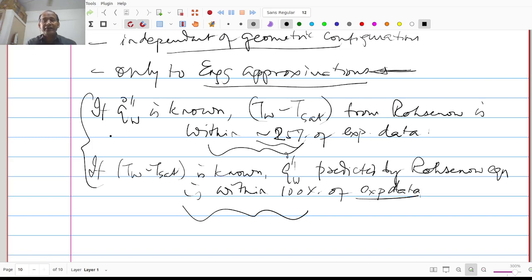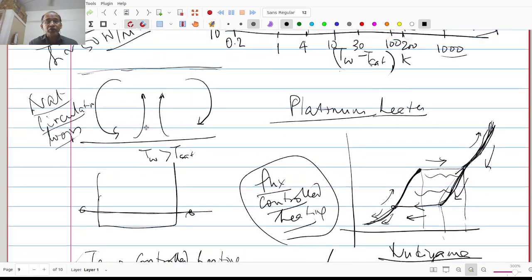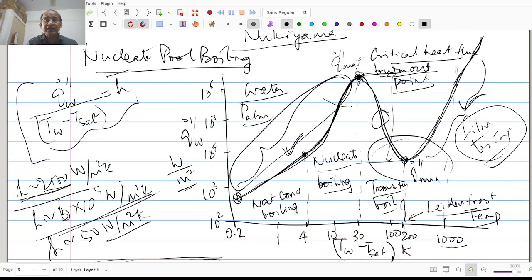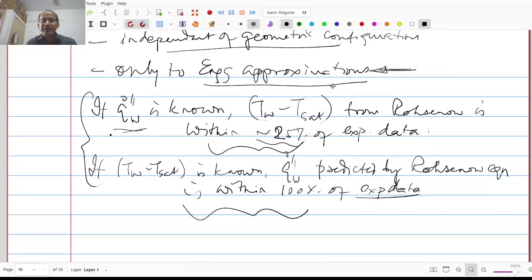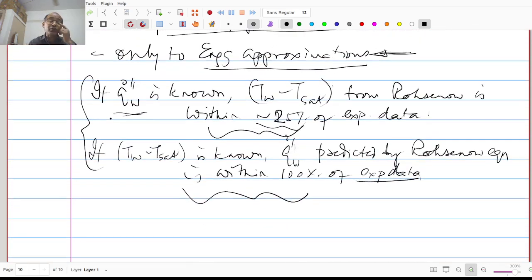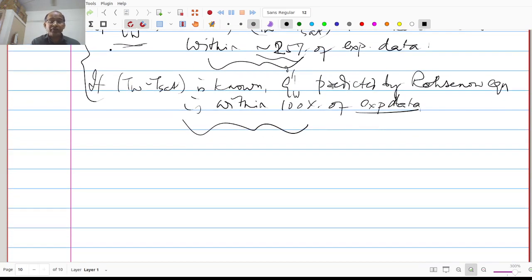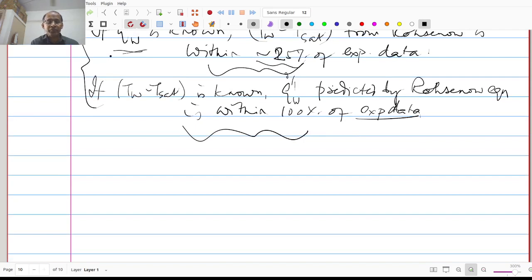And if you see that this Q wall goes anywhere close to the critical heat flux, you try to increase the water flow rate and bring it down, so that you work safely in the lower part of the nucleate boiling curve and don't get too close to the critical heat flux region, beyond which film boiling would start happening. Okay, so that is what basically we mean by engineering approximations, and what we need to take care of when we are using the correlations that are available for nucleate boiling and critical heat flux.